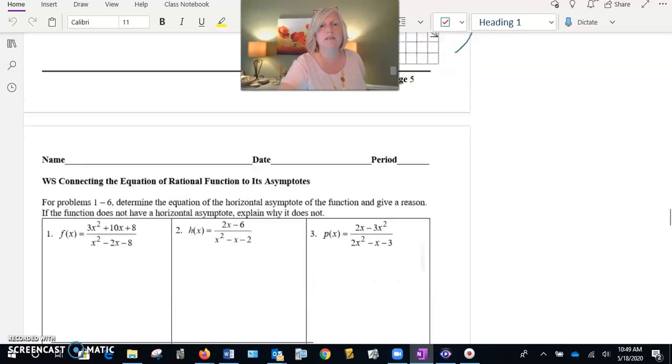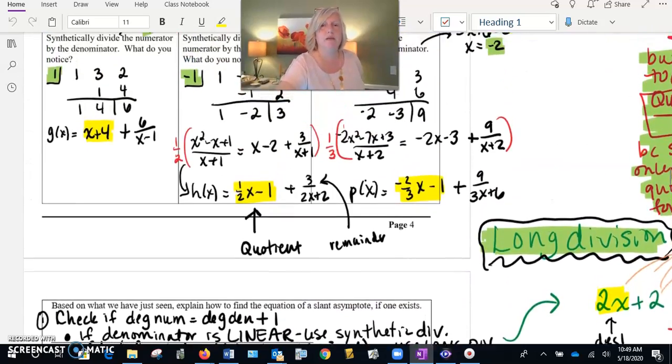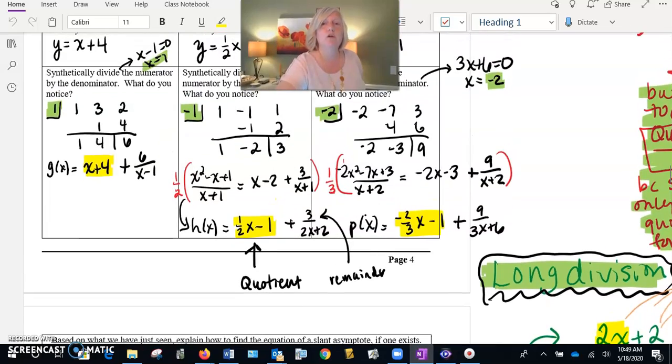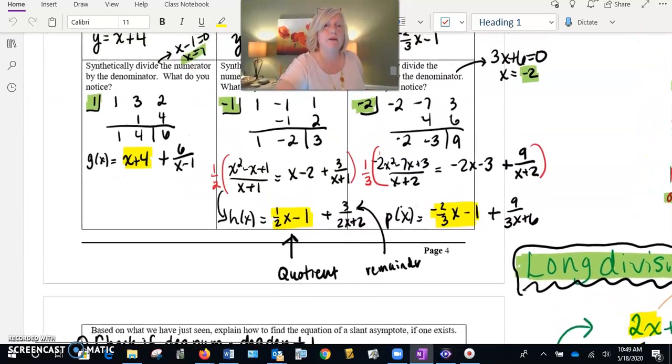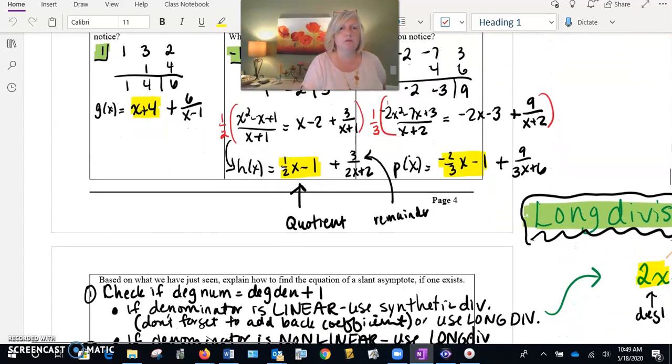And I just want to, one last thing before I leave here, I did want to talk about why this happens, like when you're doing the quote unquote limiting process. So I'm going to come back to this h of x that we had here. So when I'm doing this limit for h of x, I'm going to do the limit as x goes to infinity of h of x.